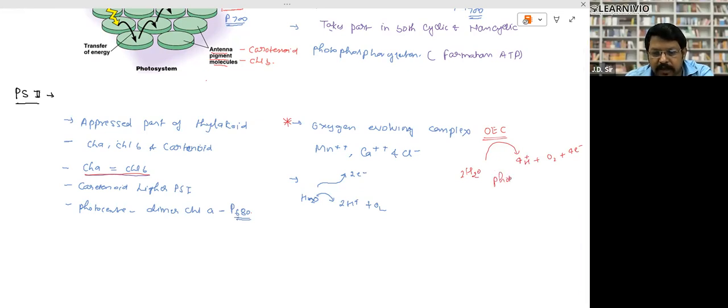We can say it is responsible for photolysis of water, right? What is the composition of OEC? This question I have been asked. Mn means manganese, calcium, and chloride are the components of the oxygen evolving complex.